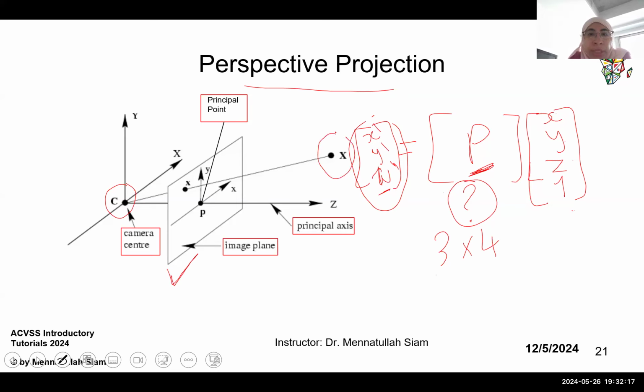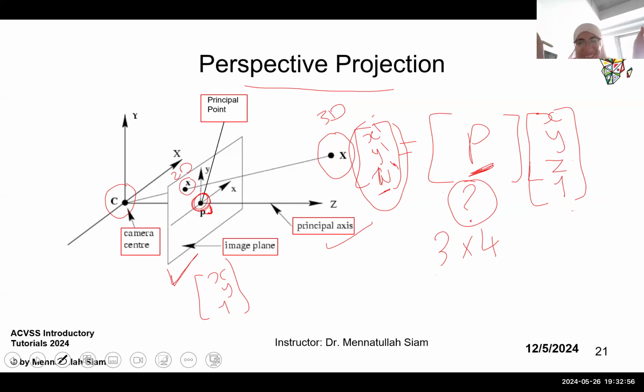I have my 3D world point, and this is the corresponding 2D point. This capital bold X is the 3D point, and this small bold x is the 2D point, which has the x and the y component. And I have a principal axis. The principal axis is the ray that comes out from the camera center and is perpendicular to the image plane. It intersects with the image plane at something called the principal point.